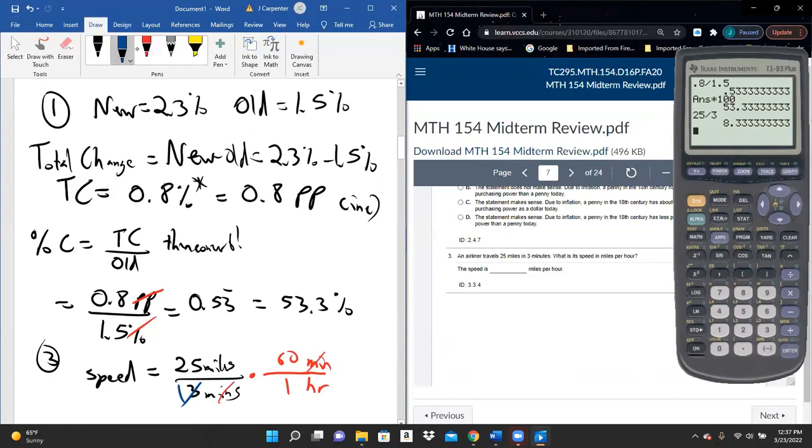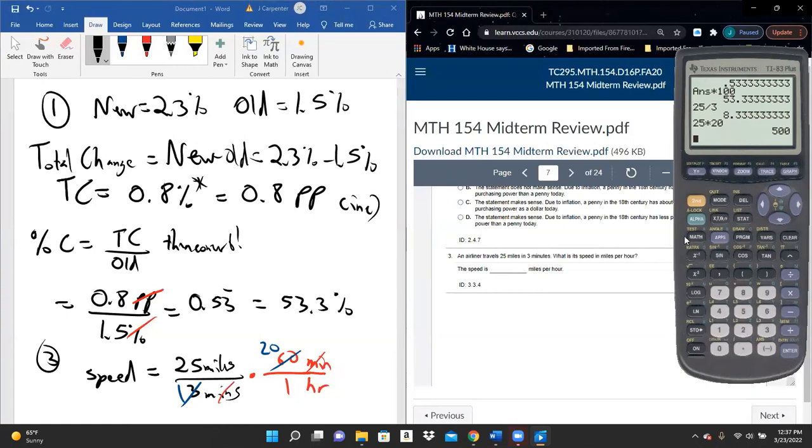3 goes into 3 once, and 3 goes into 60 20 times. So then we're just doing 25 times 20, which is going to end up being, I'm sure you could figure that out without it, but just for fun, 500. So that says that this is 500 miles over hours.